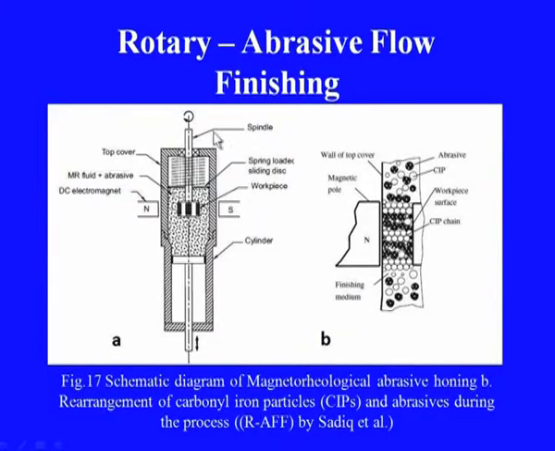This is the rotary abrasive flow machining process, in which the principle is almost similar to what we have seen earlier. The only difference is that here the media will be kept on rotating with this rotating device.